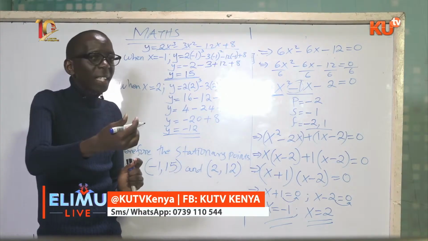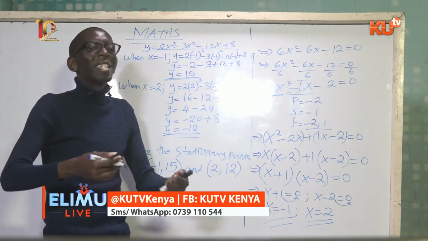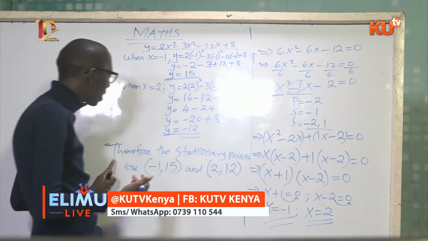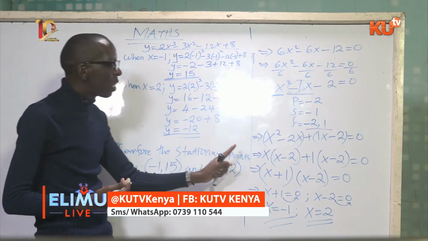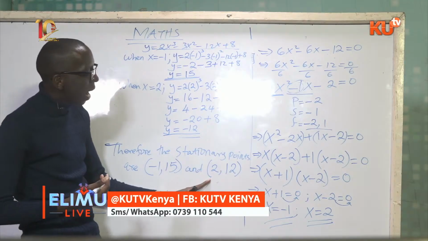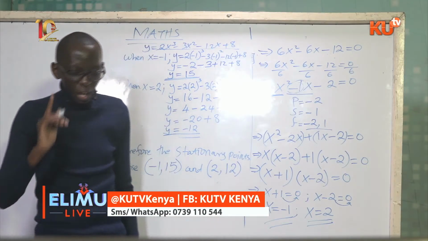Again, redo the same by substituting with the second value of x, get its value of y. After doing that, you conclude and say, therefore, the stationary points are the first x and its y, and the second x and its y. That was part A of the question.